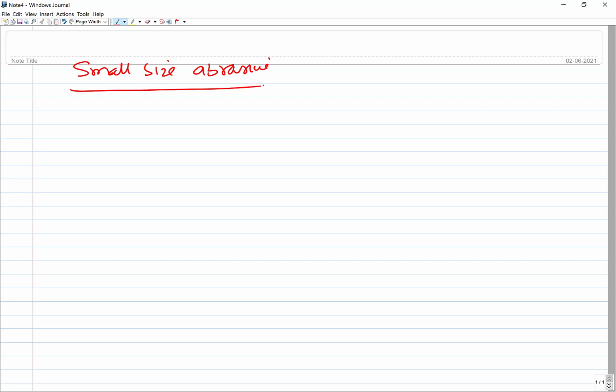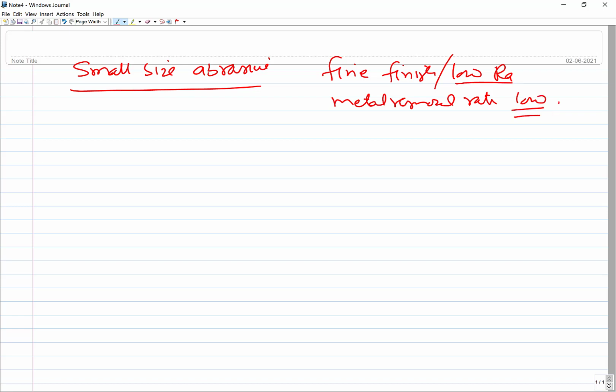The small size abrasives will therefore be leading to the fine finish, meaning the low Ra value. Okay. And at the same time your metal removal rate will be low. So low Ra and low metal removal rate will be offered by the fine, small size abrasives.